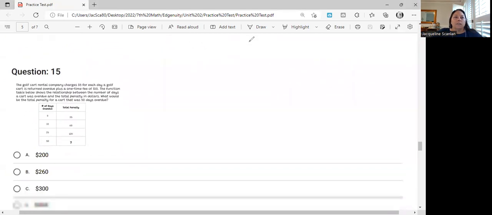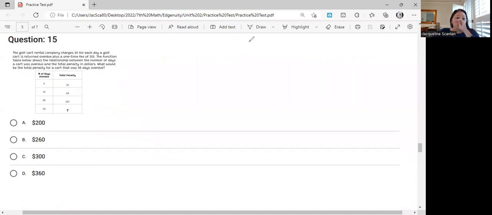Question 15. The golf cart rental company charges $5 for each day a golf cart is returned overdue. So they're charging you $5 per day, each day, plus a one-time fee of $10. Okay, so again, we're going to set this one up just like we did the last one.